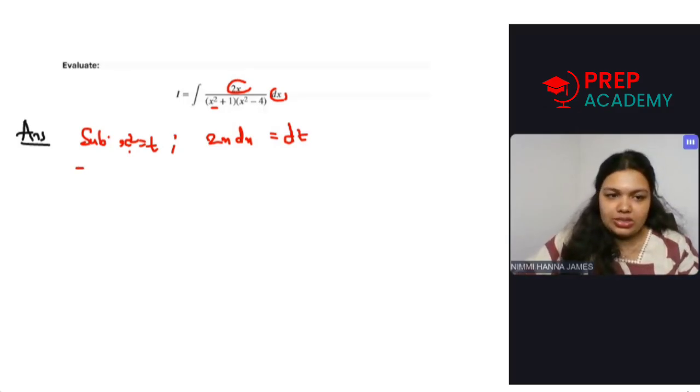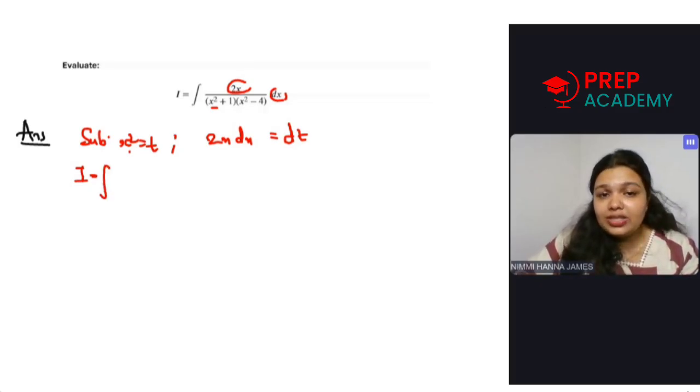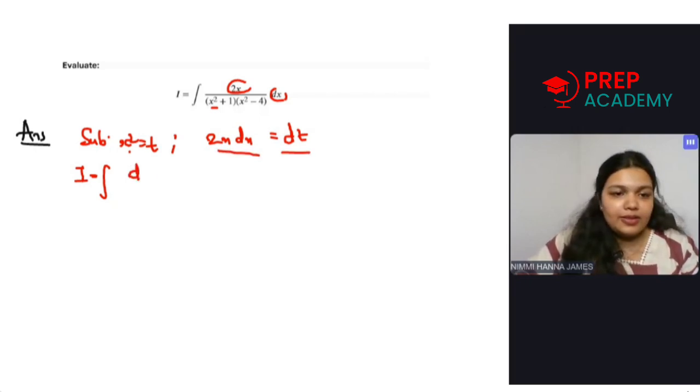So substituting in the question, I becomes the integral with numerator 2x dx. 2x dx becomes dt, and x square becomes t. So dt by t plus 1 into t minus 4. dx is also included in the dt, so no need to write that.